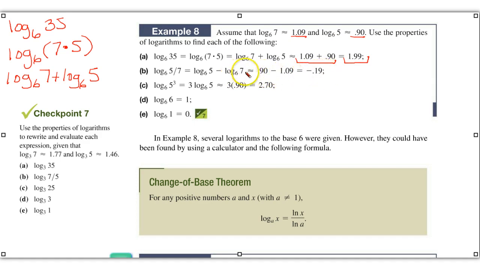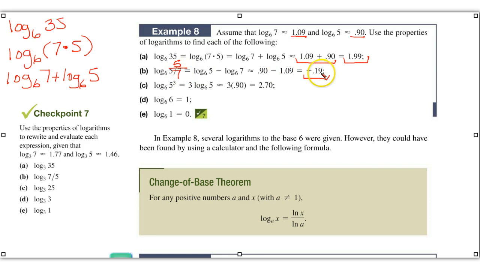And when you do the subtraction, you get this. So a little tricky, but it's showing you, and again, they wrote this nice, 5 over 7. So you're going to subtract the value for 7 from the value for 5 because of division here, and you get this.